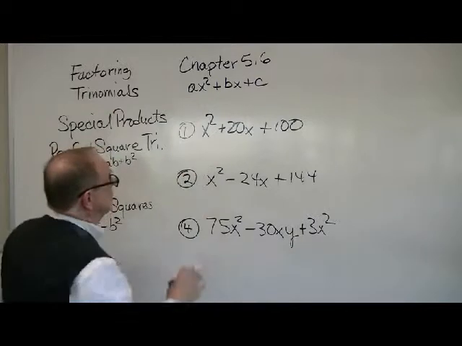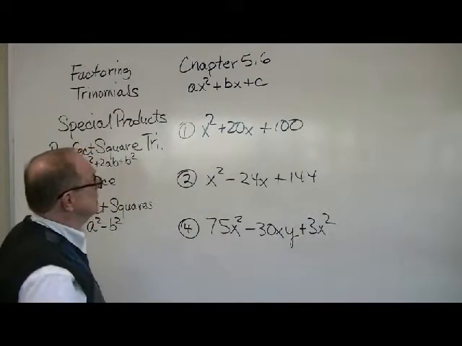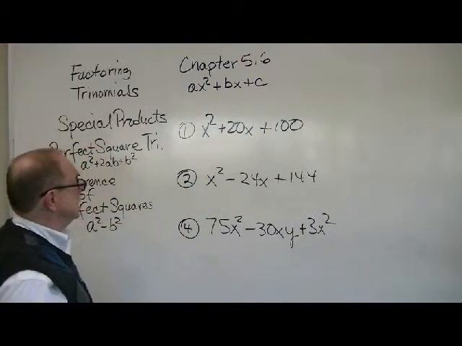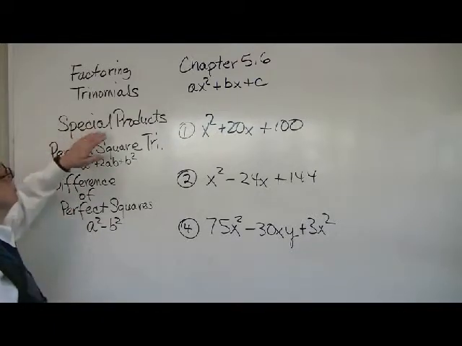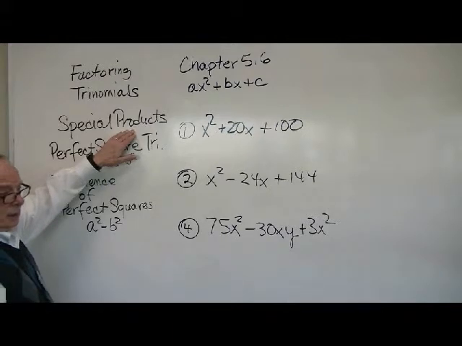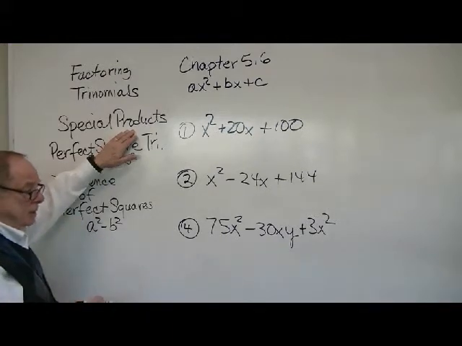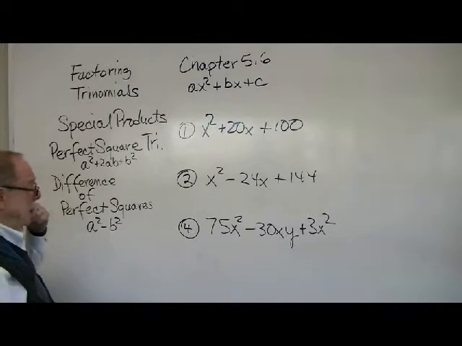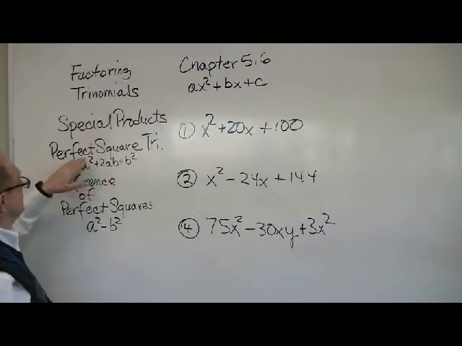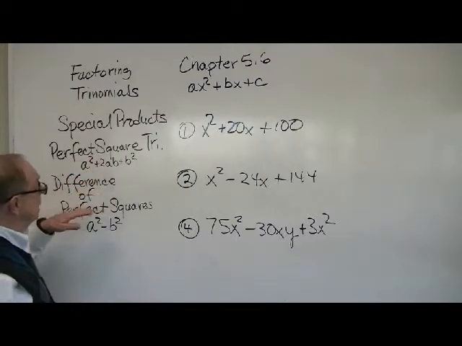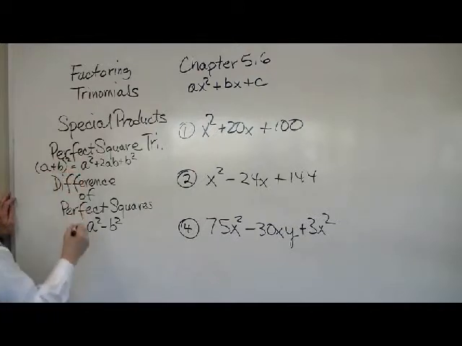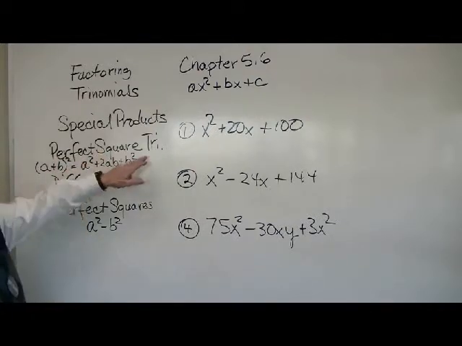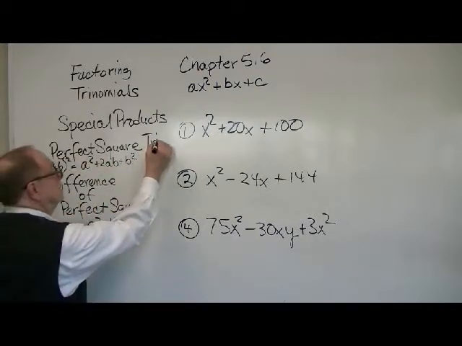Okay, we're moving on to Chapter 5, Section 6, in which we're dealing with factoring special products. You recall in the earlier part we talked about multiplying a binomial squared, which was this here, and that produced a perfect square trinomial.